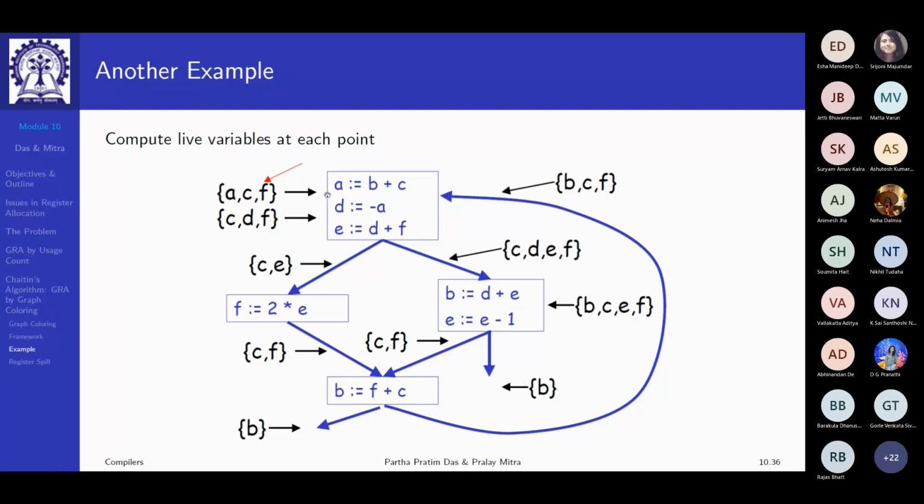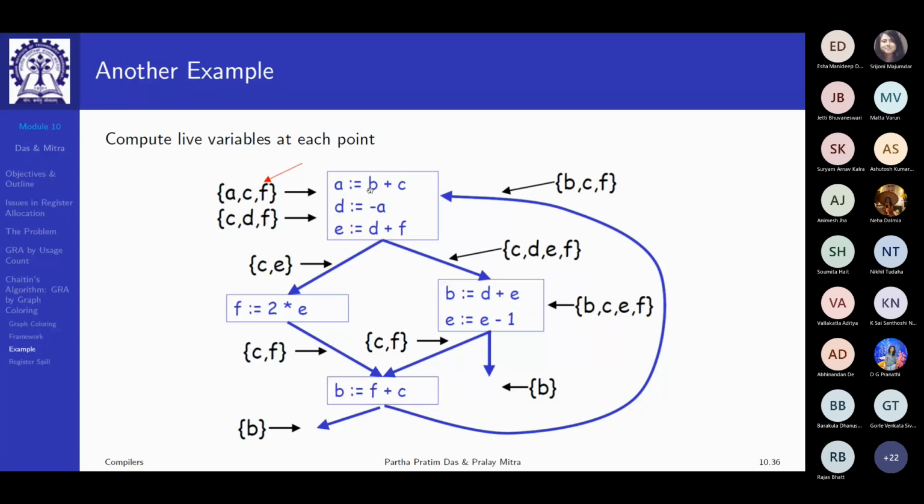Now, once we know that at the entry B, C, F is live, then within the basic block, I can say that between the assignment of A and assignment of D, only A, C, F are live. A has become live because you have defined it and you are going to use it within the block.